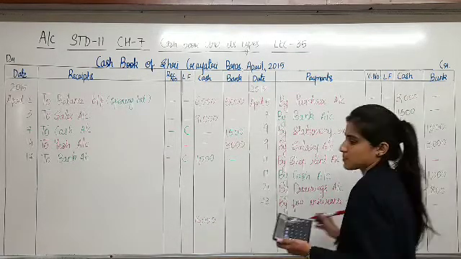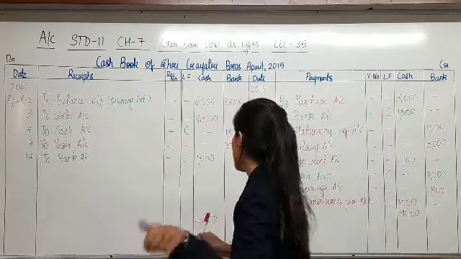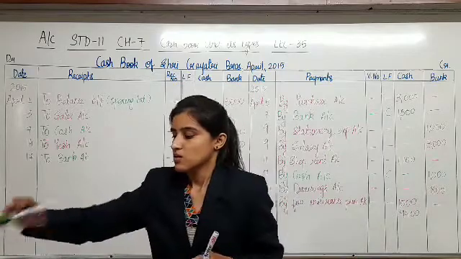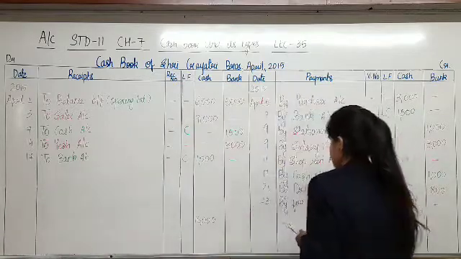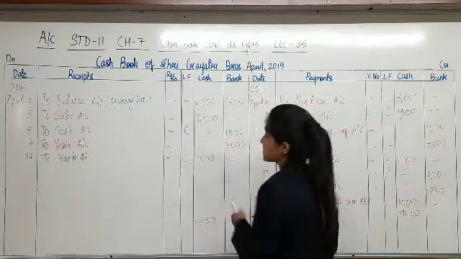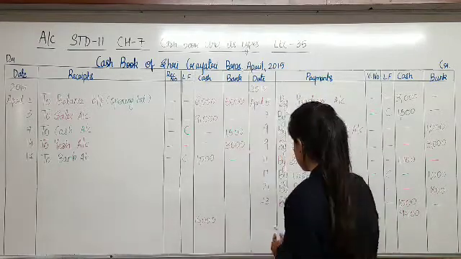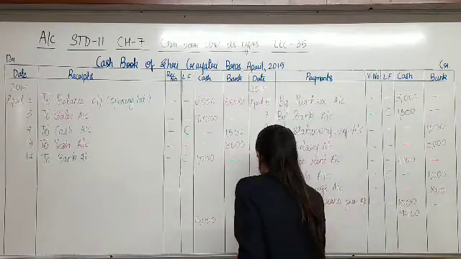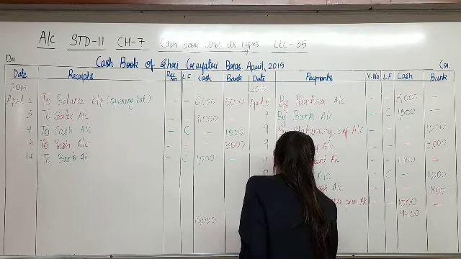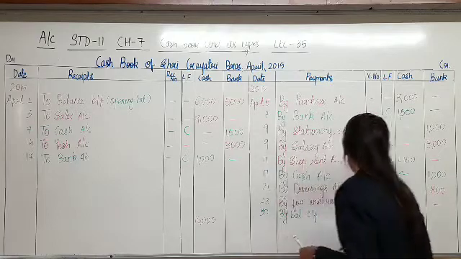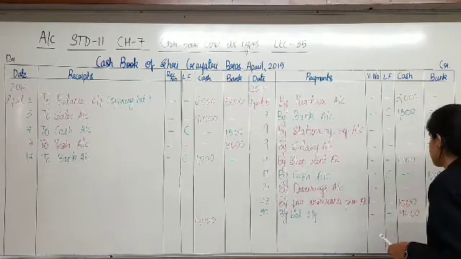Of course, what you are supposed to write here, by balance carried down. The last date of the month of April is 30. 9,400.